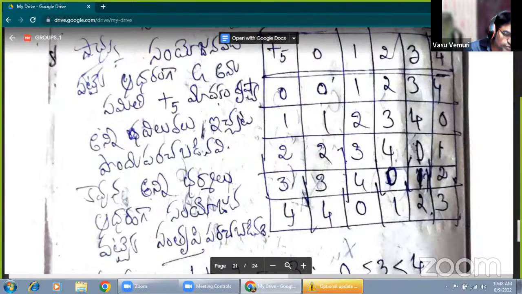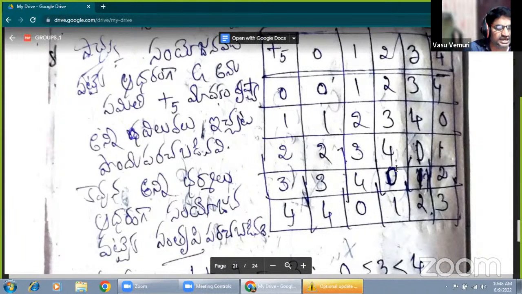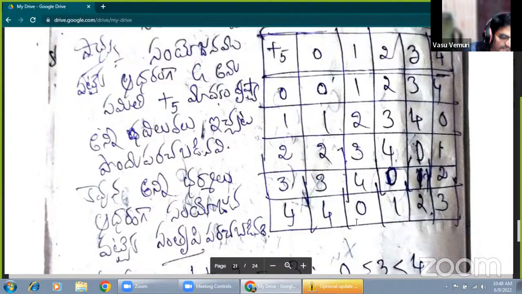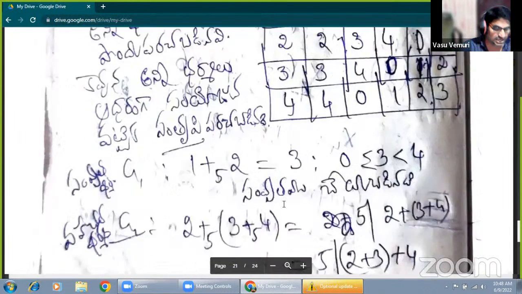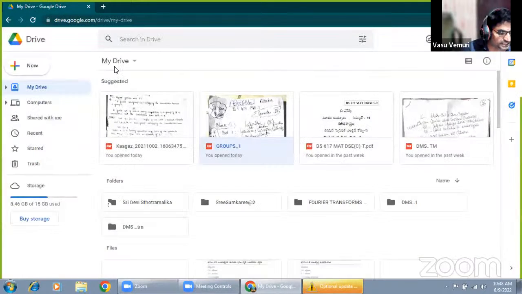So we take 4 five times, and when all the values are added and divided by the modulus 5, the remainder is 0. Then the result is the identity element, and that count is the order. This is also one of the important concepts.